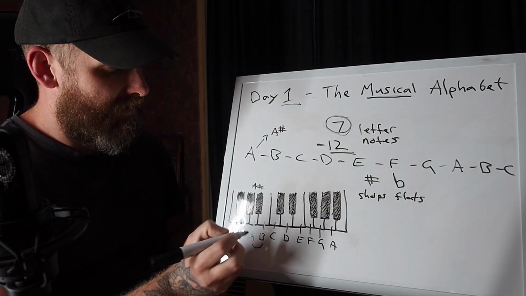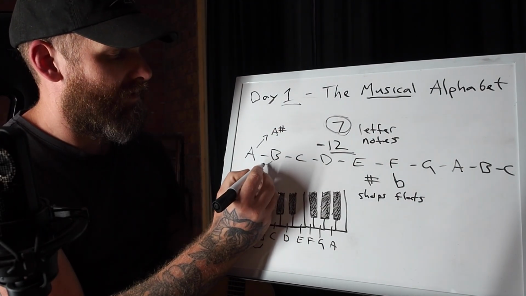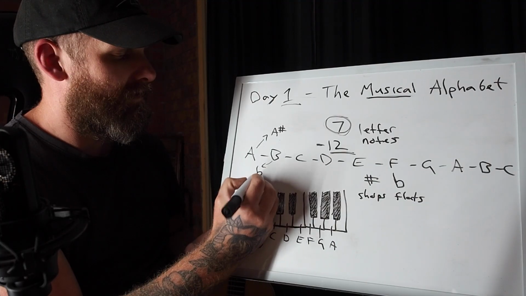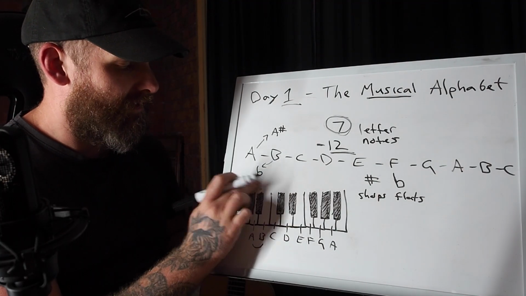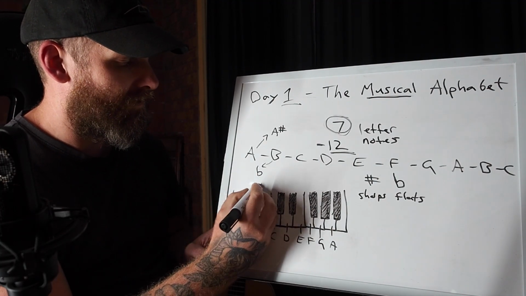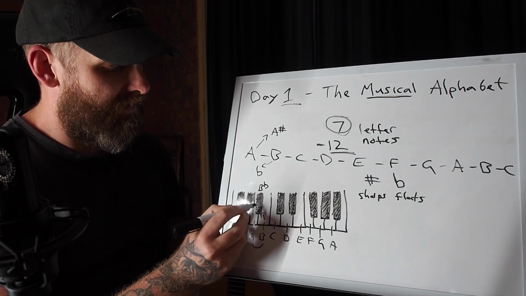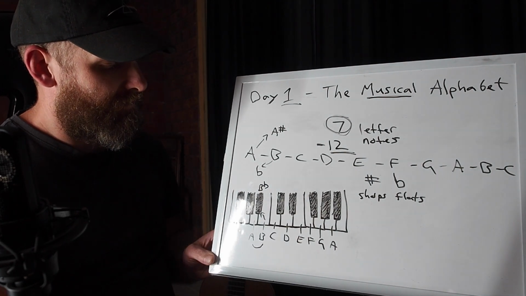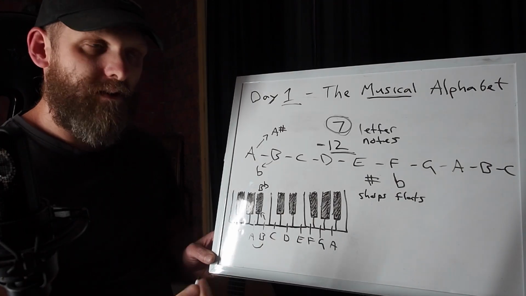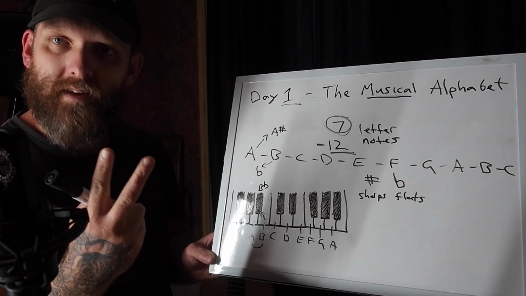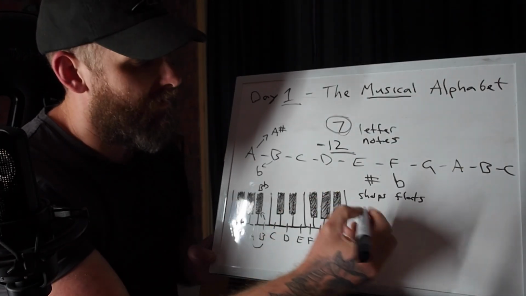Now the B can move lower, can move down to a B flat. And that can also be played on this black key. So you have 2 different names for the same note.